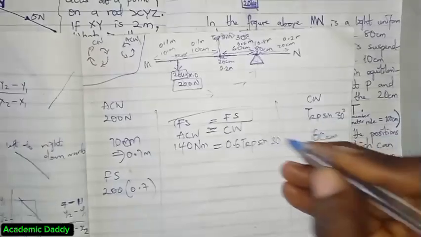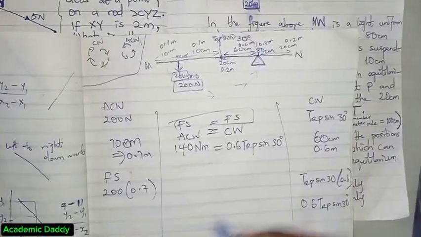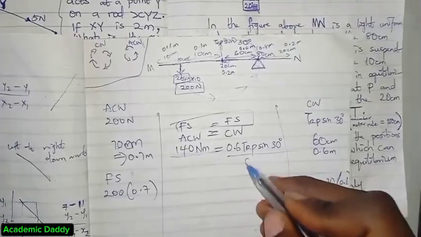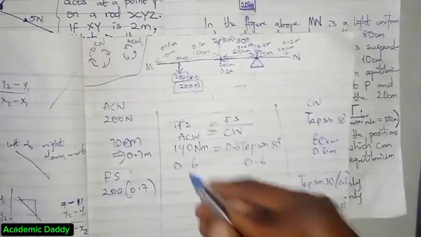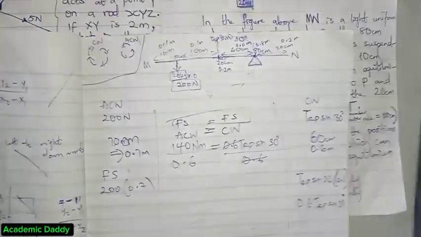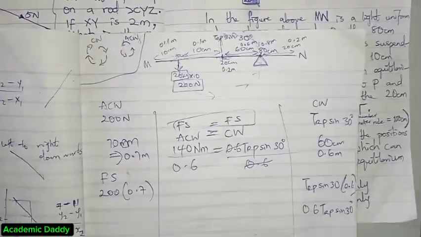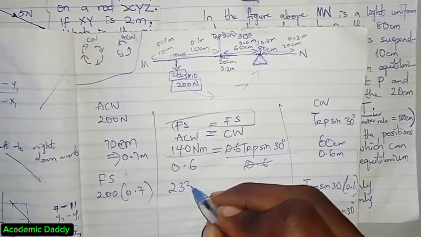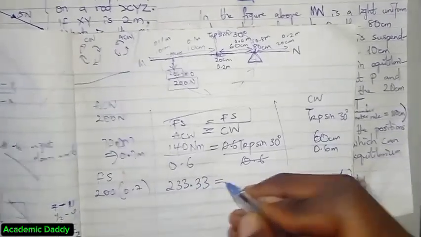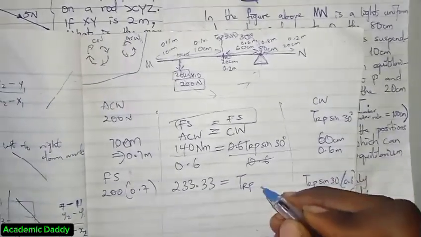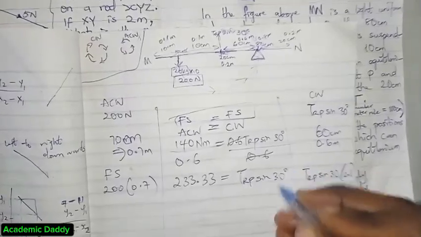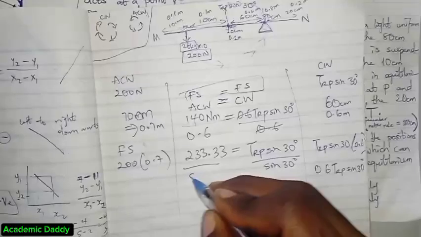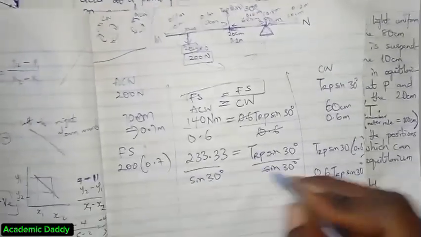sine 30 degrees. We can now divide both sides by 0.6, and this will cancel. So 140 divided by 0.6 is equal to 233.33, which equals TRP sine 30 degrees. We can also divide both sides by sine 30 degrees, so this will cancel.